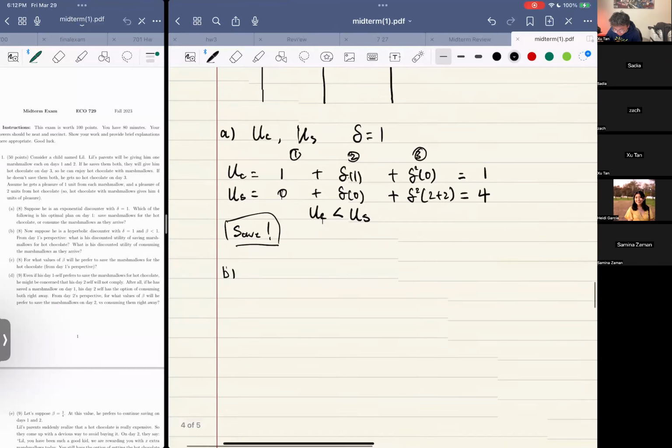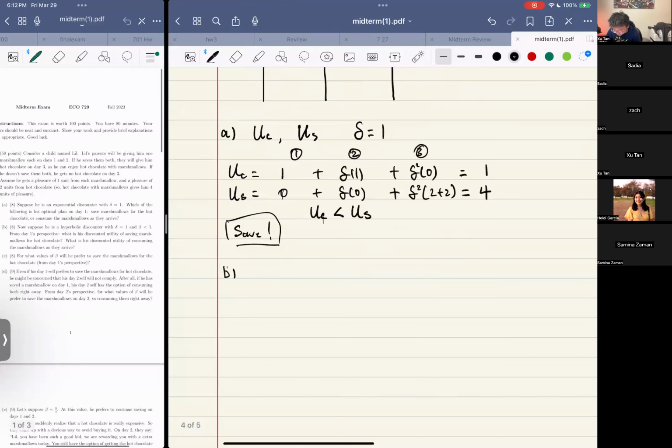Okay. Now move on to B. Suppose he's a hyperbolic discounter, with delta equals 1 and beta less than 1. So we don't know beta, but we know delta. Beta is something less than 1.